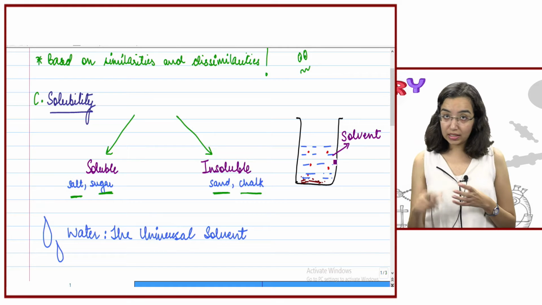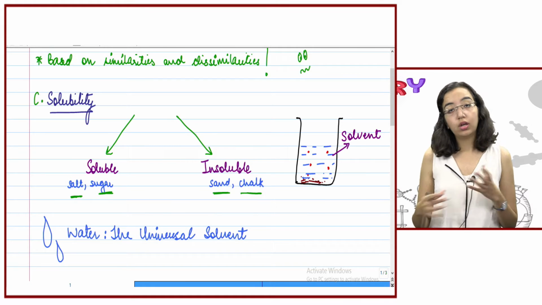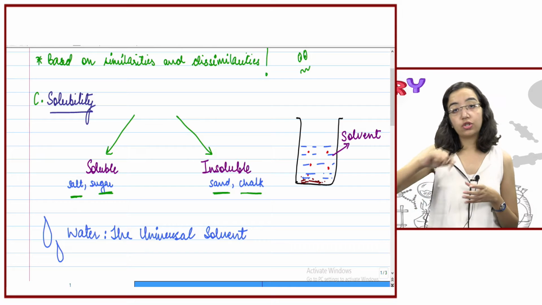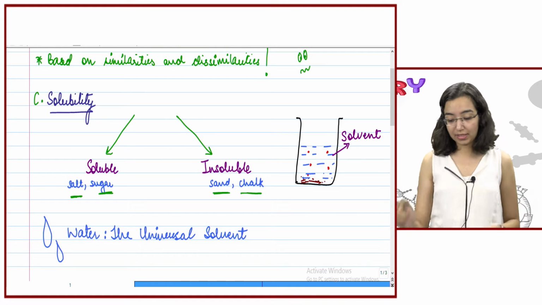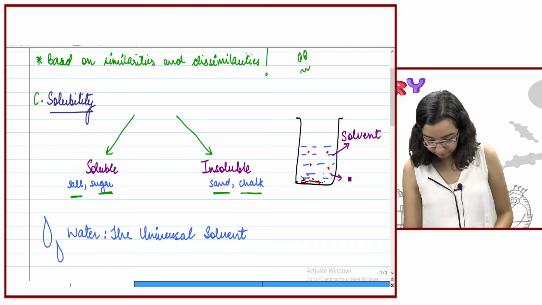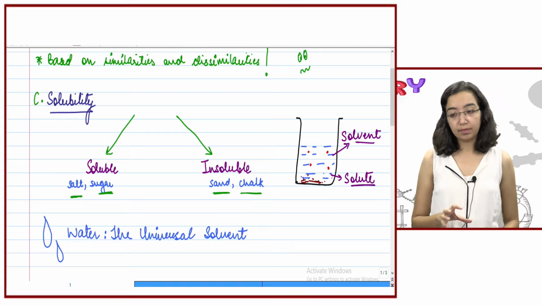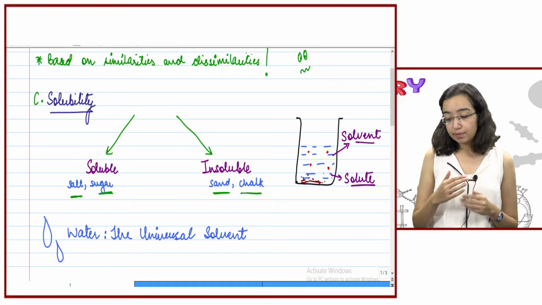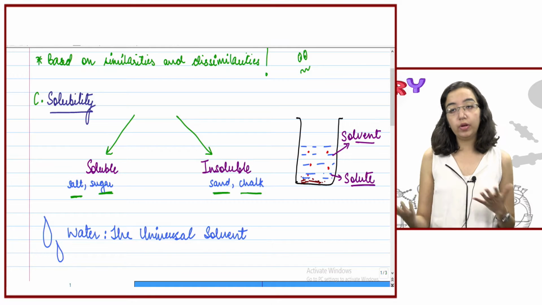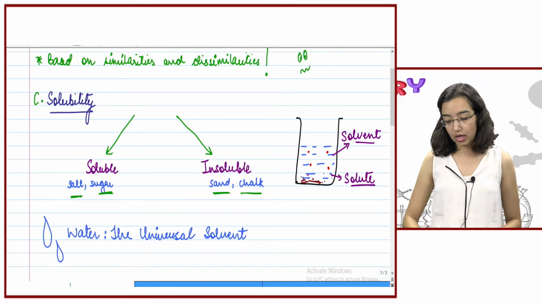The thing that gets dissolved, be it salt, sugar or even sand, the solid substance that you are trying to dissolve, is called the solute. So solute is the solid substance that you are trying to dissolve in a liquid, whereas solvent is the liquid in which you are trying to dissolve a substance.